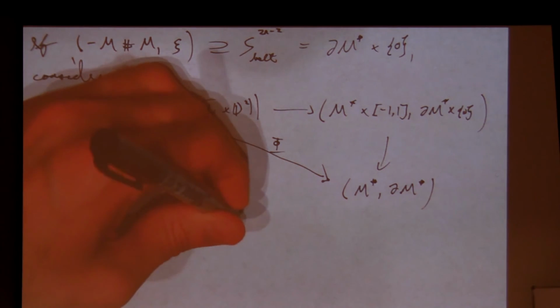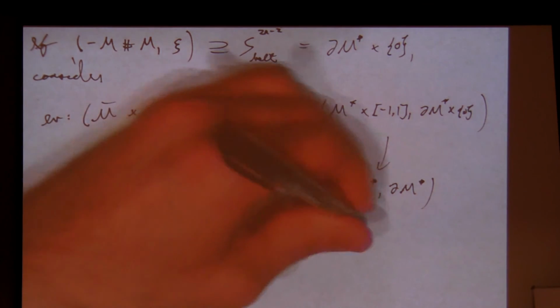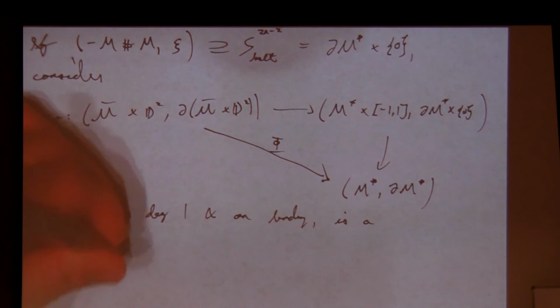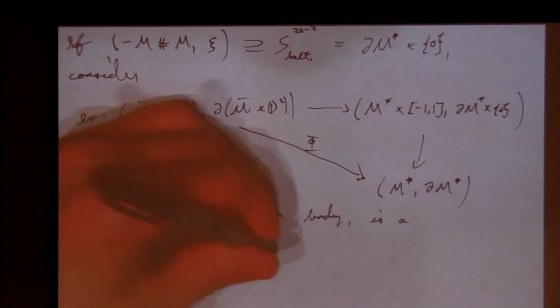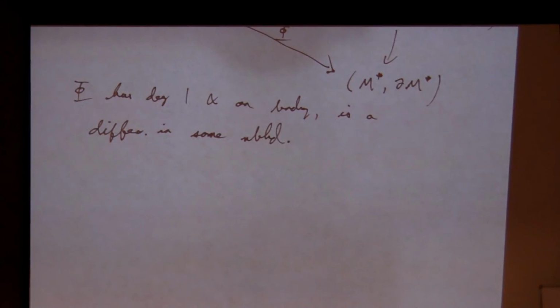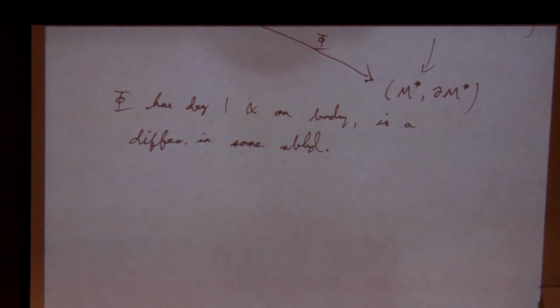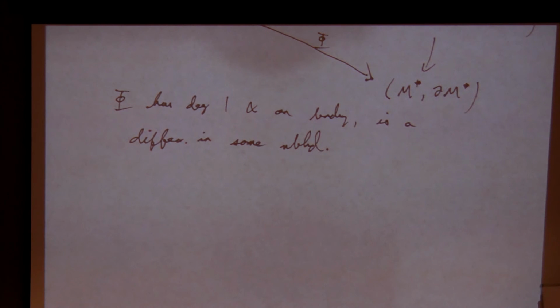And on the boundary it is a diffeomorphism in some neighborhood. So since I'm out of time, I'm just going to tell you, you figure out the rest if you go back to the Eliashberg-Floer-McDuff theorem and read the proof in McDuff's paper.